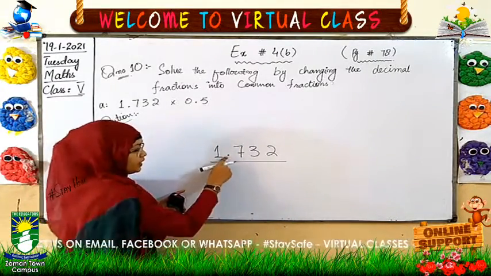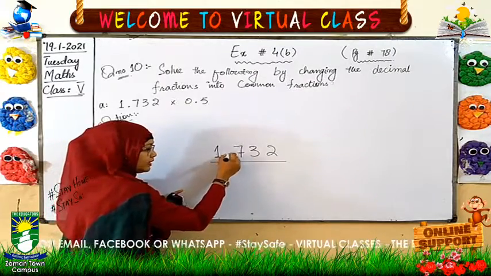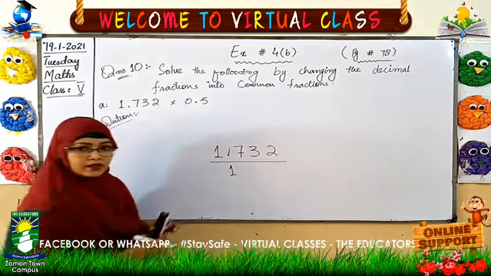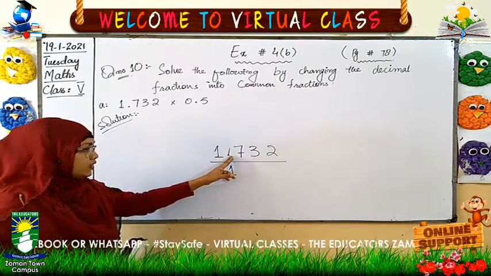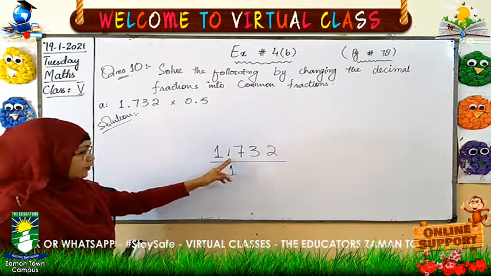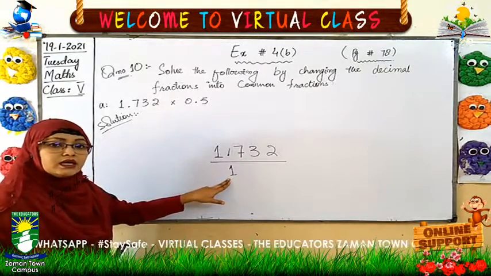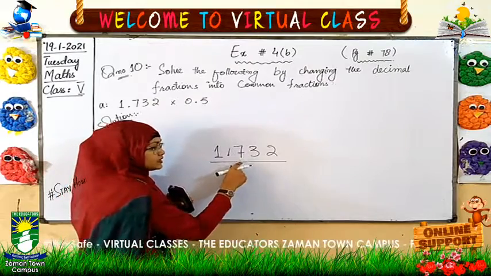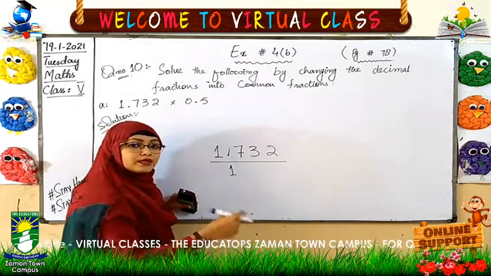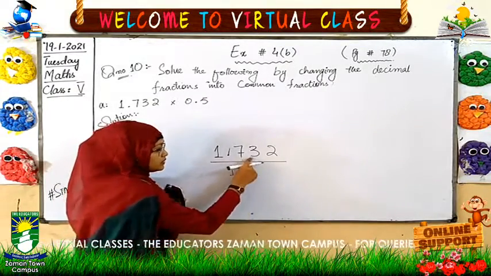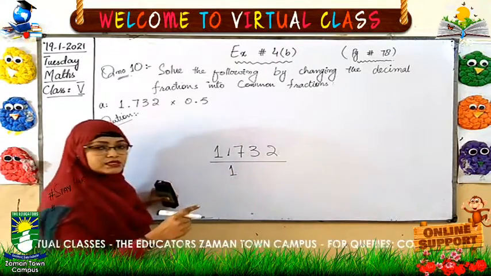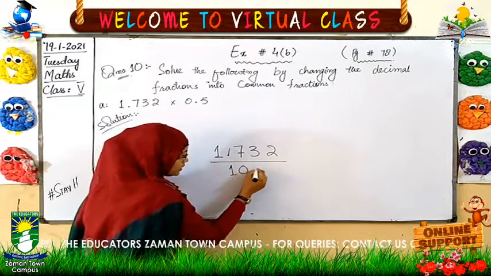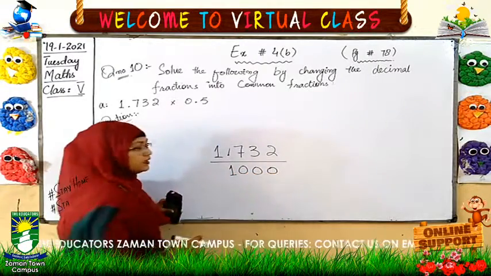Wherever we have a point, we remove the point and make 1 as the denominator. After that we count how many digits there are after the point: 1, 2, 3. We have 3 digits, so we make 3 zeros in the denominator.